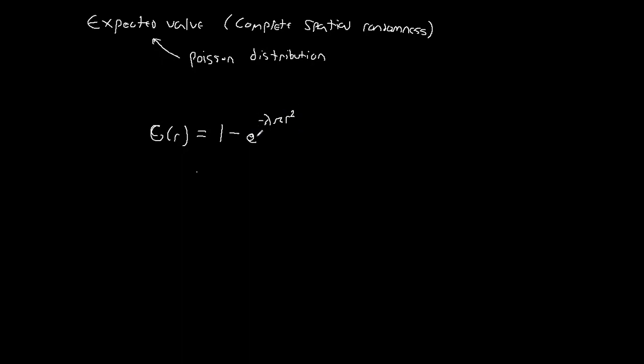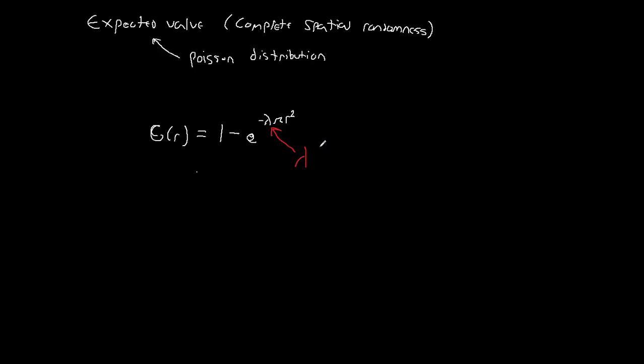This e is here to deal with the fact that this is a Poisson distribution. e is part of the Poisson distribution. And then this lambda is something that we haven't actually seen before. So what does lambda do?